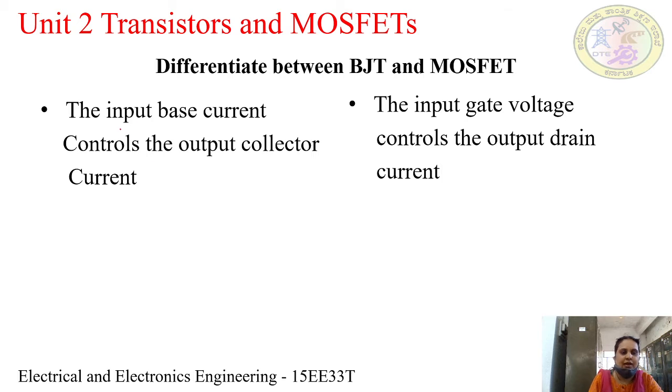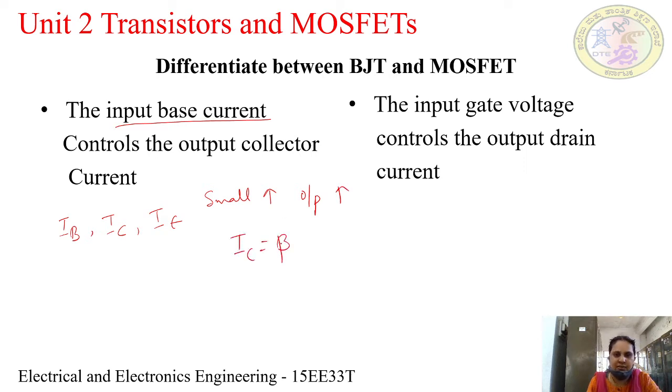If you look at the differences, the input base current is IB, the collector current is IC, and the emitter current is IE. A small input current will give a large output current, because the output current is the input current multiplied by some large number.